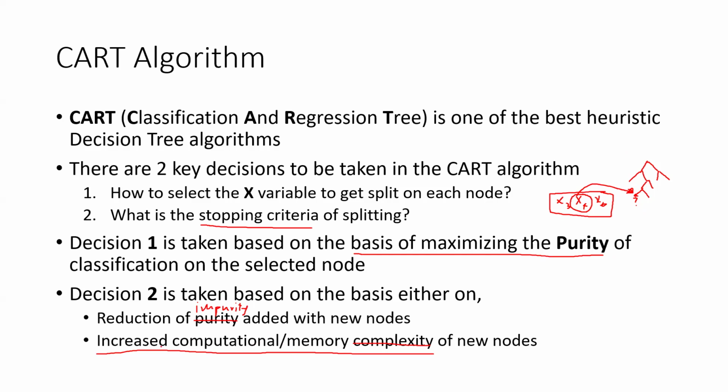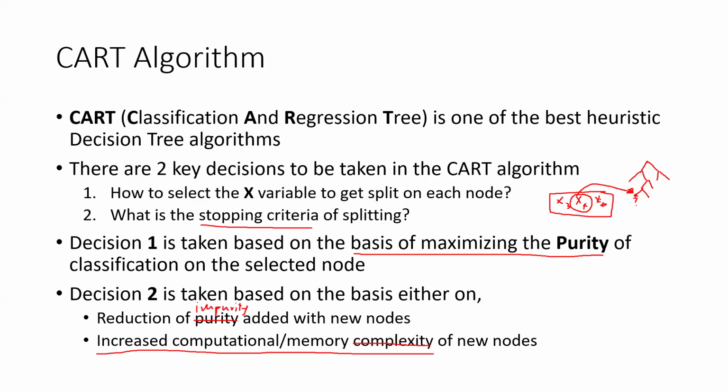If it would add a small amount of extra computation burden, but it would reduce a lot of impurity by adding this particular variable, then it would be worth adding this particular new variable into the decision tree, right? So that is the basis.